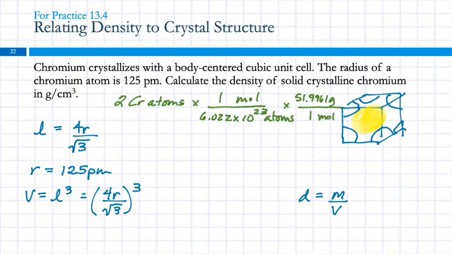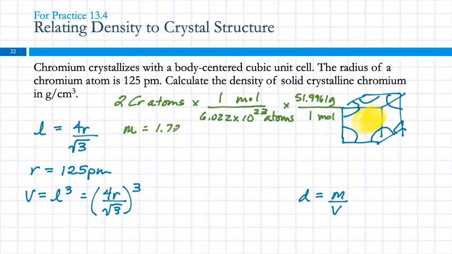So 2 divided by Avogadro's number times 51.9961. This is the mass of 2 atoms.